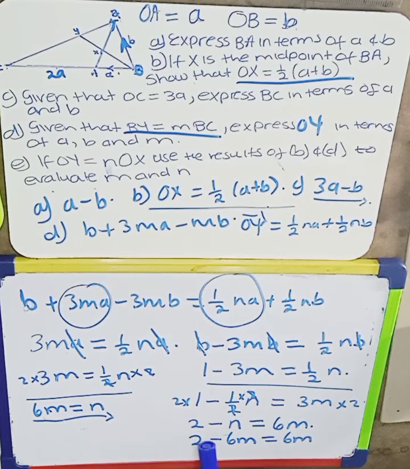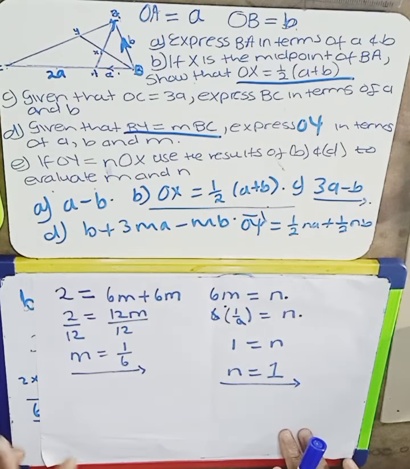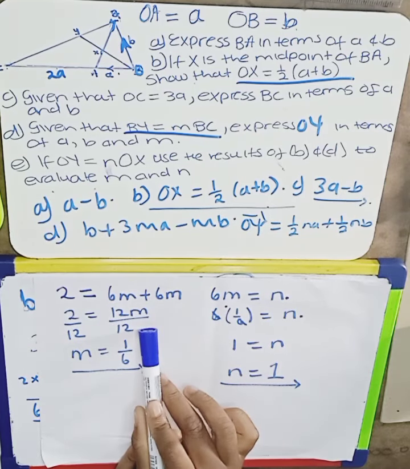So after clearing the fractions, we remained with 2 minus N is equal to 6M. And then, making use of this one, we said 6M is equal to N. So in place of N, let's write 6M. So it became 2 minus 6M is equal to 6M. Then we took 6M to the other side of the equation, and it became a positive 6M. 6M plus 6M, we got 12M.